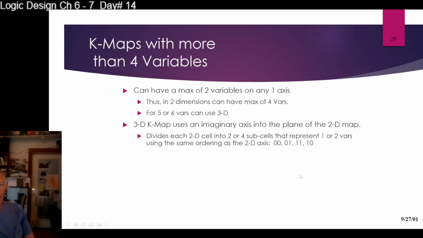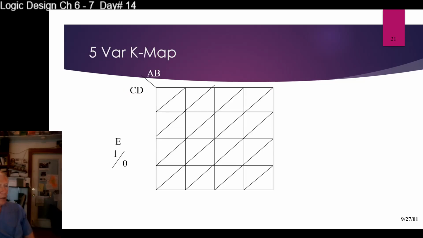Now, what if you go with 5 variables? How does this work? Well, one way to do it is to put a dash line in all the boxes, but this is terribly confusing. And then you have AB across the top, CD down the side, and you have E in a 1-0 configuration. So E and E prime. So this bottom box here would be A prime, B prime, C prime, D prime, E prime.